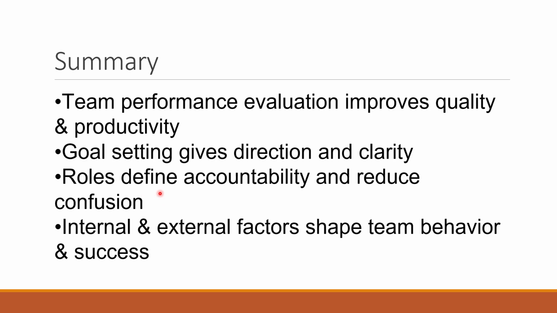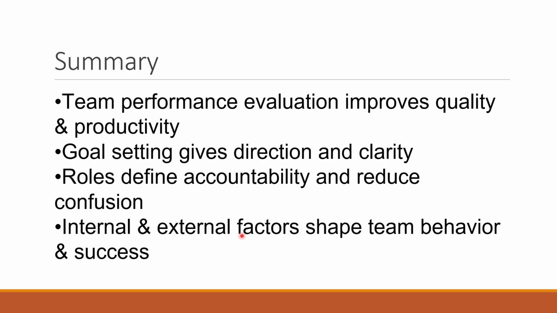Then we understood the roles and responsibilities. Teams perform best when the roles are clear. Techniques like the RACI matrix and job descriptions help assign the roles effectively. Then finally, we have understood the internal factors and the external factors, where internal factors include leadership, culture, communication, etc., that directly influence the team functioning.